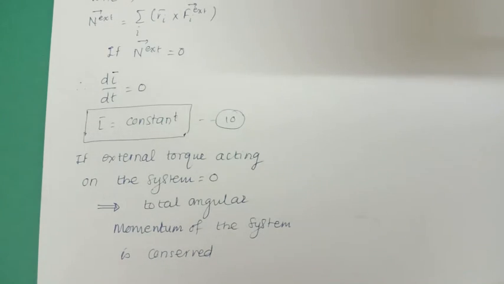Since the change in angular momentum comes out to be the external torque acting on the system, when the external torque comes out to be 0, the angular momentum of the whole system is conserved. That means the initial angular momentum and the final angular momentum are equal. So this was the story of today's lecture.